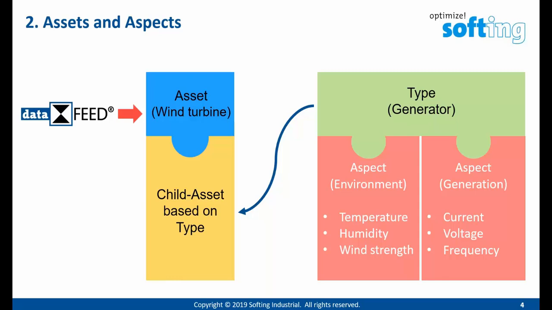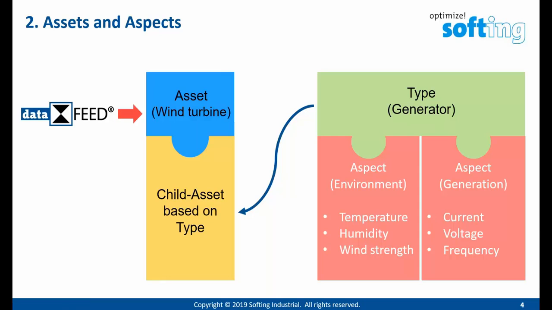Once I've done that, I will create an asset called wind turbine, and inside this asset I have to do some configuration to make it ready to receive data from my dataFEED OPC Suite. The last step is I have to link my wind turbine asset with the type.